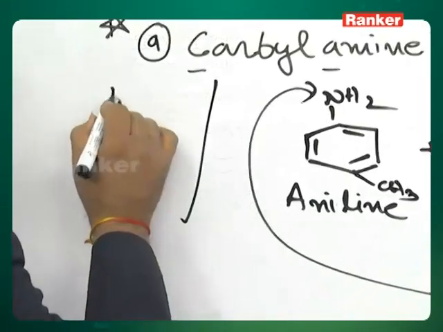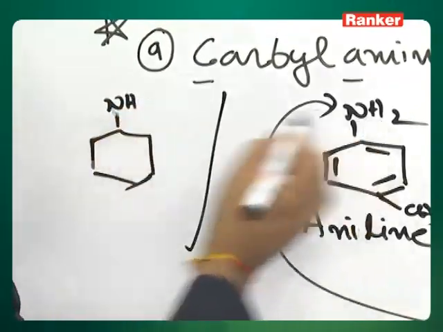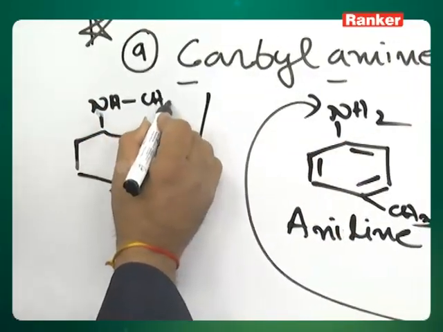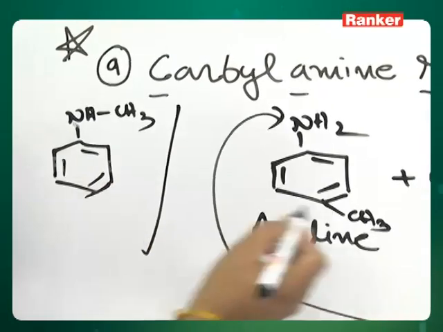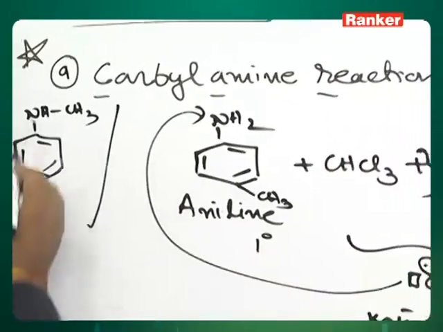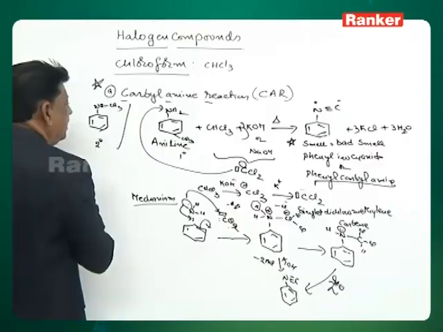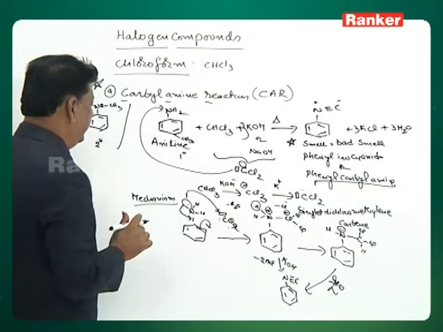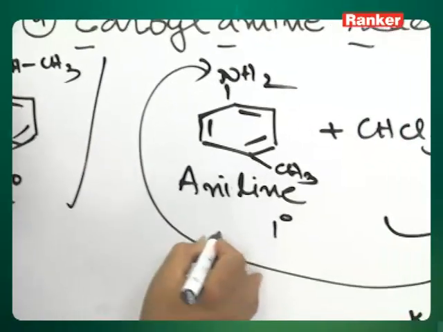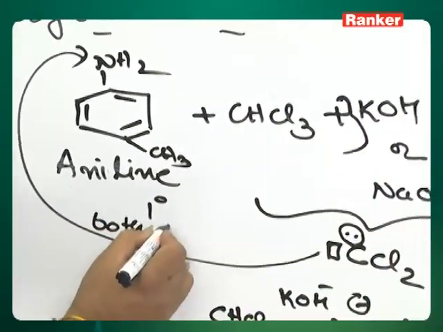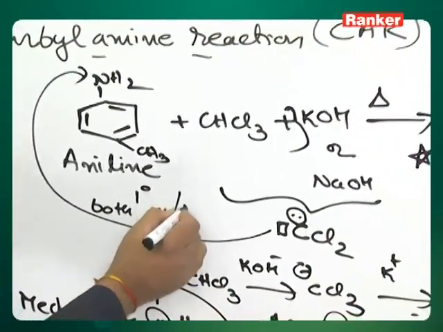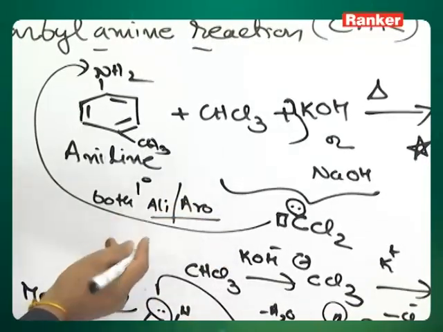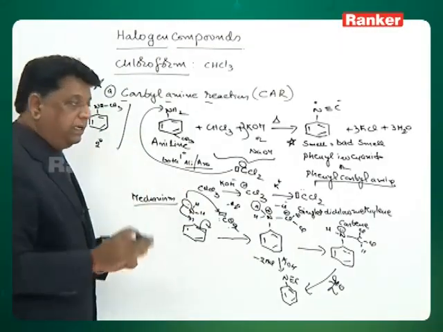You have an NH instead of 2 hydrogens, you have a methyl. Now the first is called a 1 degree amine, and this is a 2 degree amine. Even 3 degree will not respond to this reaction, only 1 degree, both aliphatic as well as aromatic. Only 1 degree will give this reaction.